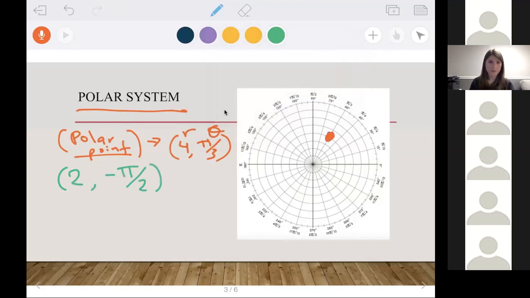It's not a problem to have negative angles. Most of the time we think about where that would be with a positive orientation, but we understand negative pi over 2. So in this one, we're going over to radius 2, and then we go down to negative pi over 2, because the point we're looking at is right here.